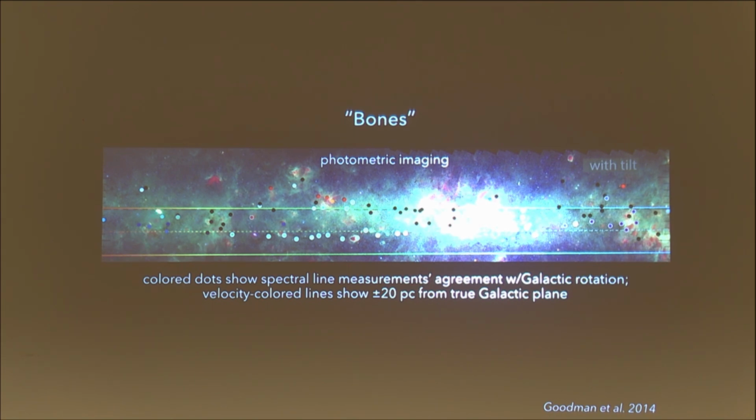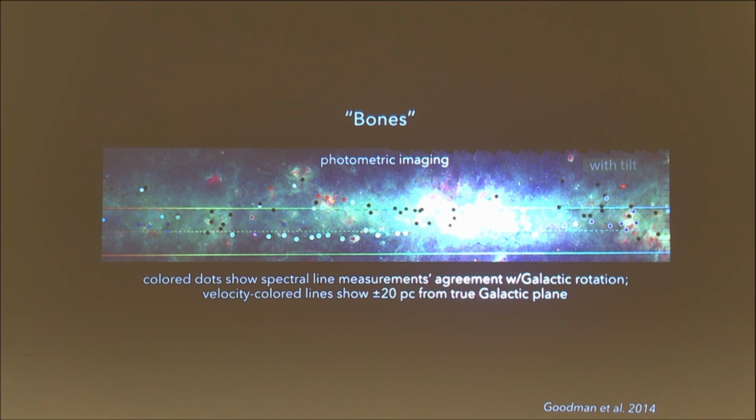The scale of this image is on the next slide, and I'll show you, but this is 300 parsecs from here to here. Okay, and what I was about to say is that the two lines here show plus and minus 20 parsecs from the galactic plane. Okay, so when I say this thing is in the galactic plane, I actually mean it's in the galactic plane. Okay? And what we wrote about is that we believe that if you have a cloud that's 1 parsec wide and 300 parsecs long, it's not going to last very long, and it's not going to form randomly.